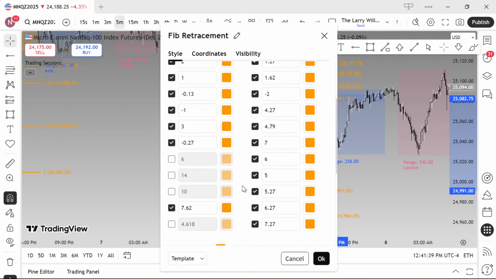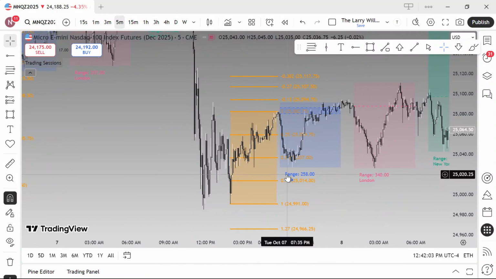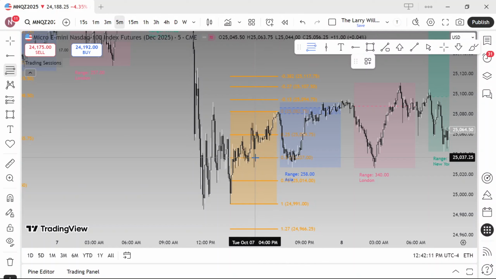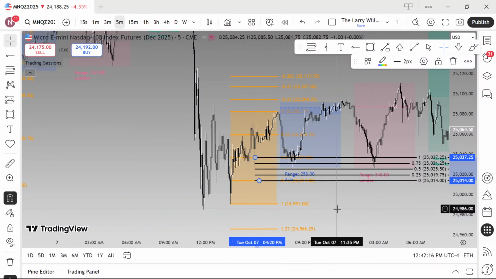So what I'll do here is put on some of these reference levels. Boom, we got it like that right there. And then again, you can measure, put a fib on any of these, and get highly precise levels.